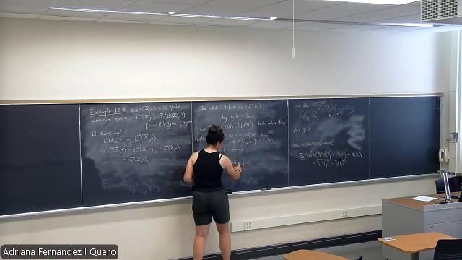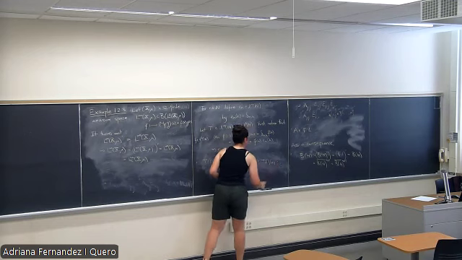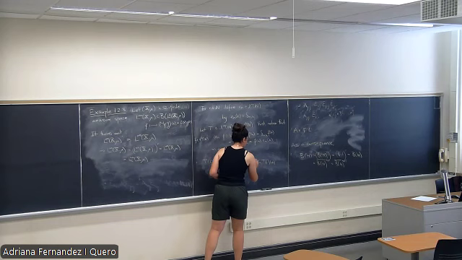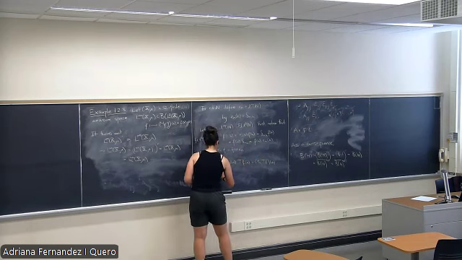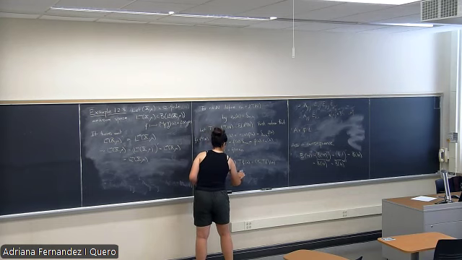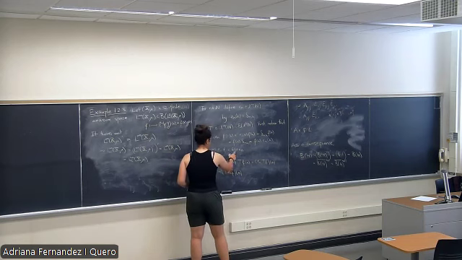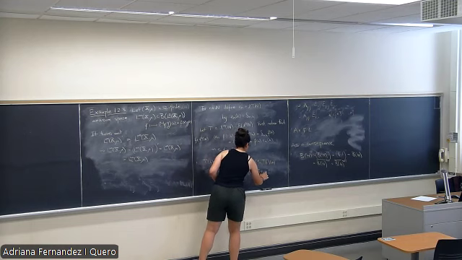But then you can see this as acting by multiplication on this new L2 function, so you have E_n T f (n). And now T commutes with everything that comes from L infinity of N, so T and E_n commute. So you have T E_n f (n). But then you know what E_n f is, it's just f(n) E_n.